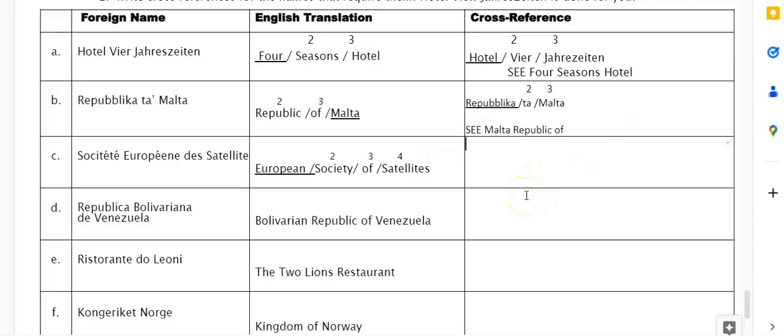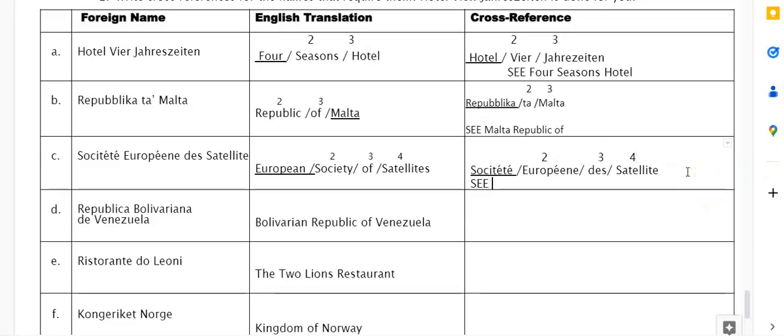So my cross-reference, and I'm going to copy and paste this so I don't waste too much time here, is going to look like this. I'm separating each of those. If that's my key unit, this is unit 2, this is unit 3, this is unit 4. My C notation would be C, European Society of Satellites.